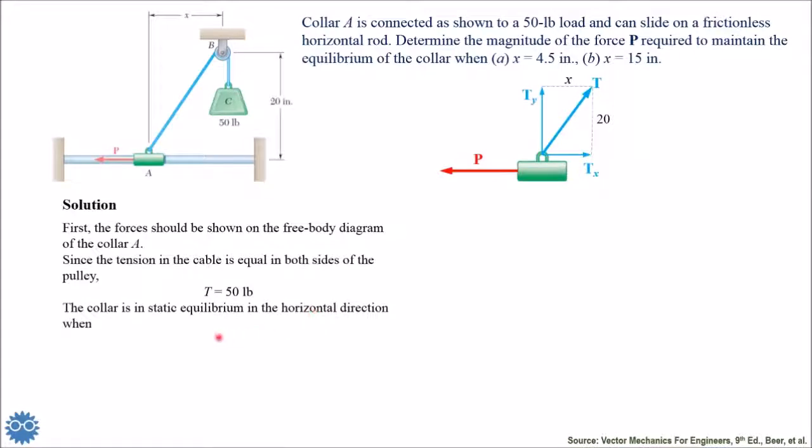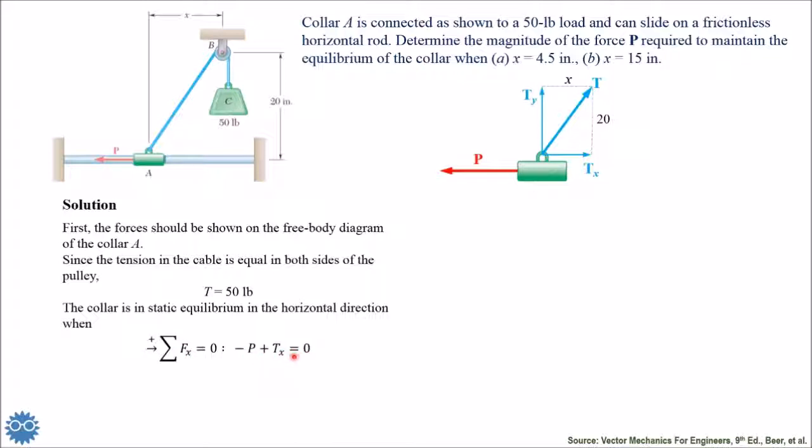Now, the collar is in static equilibrium in the horizontal direction when the sum of the forces in the x direction is equal to 0. And we assume that the positive direction is to the right.